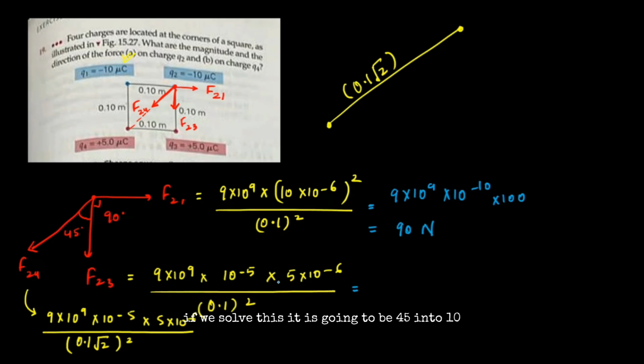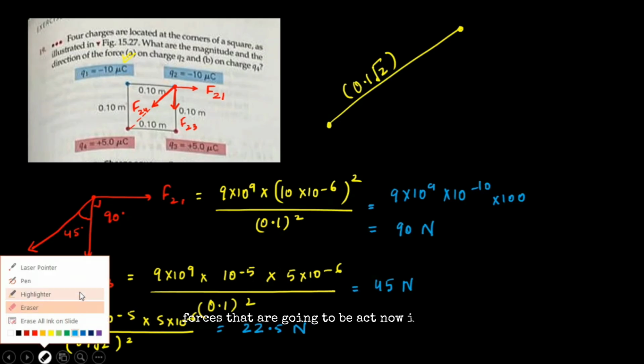If you solve this, it is going to be 45 into 10 to the power minus 11, and it will cancel out, and we'll get 45 newtons only. Again, you need to be good with calculations, because calculations will play a major role here. And if you look, this particular force is going to be half of this 45, that is 22.5 newtons. So ultimately we got the forces that are going to act.